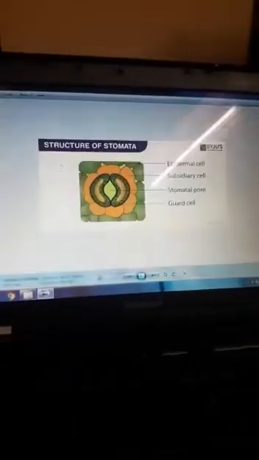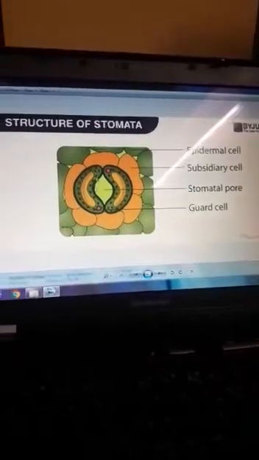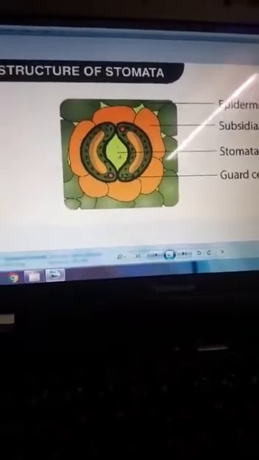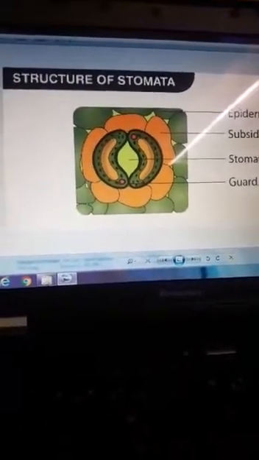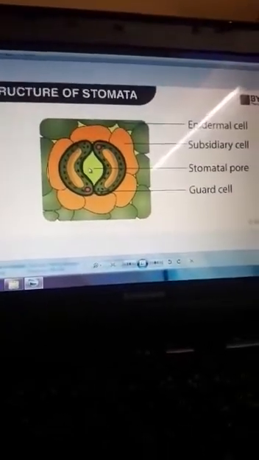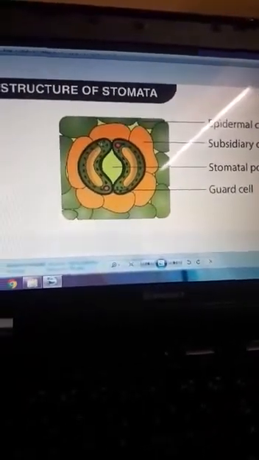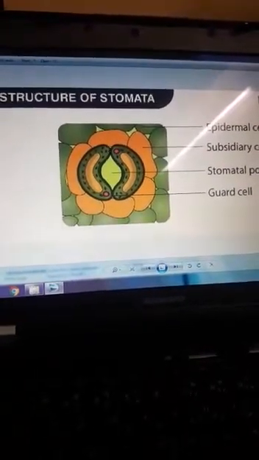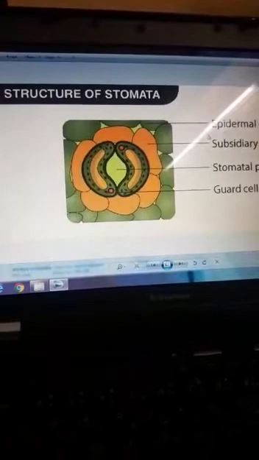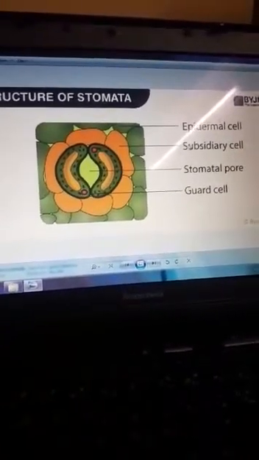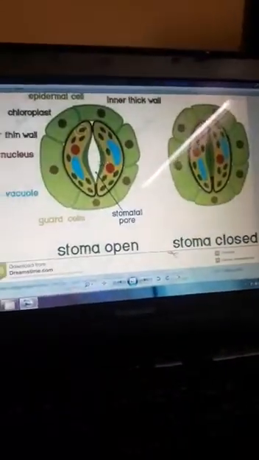See, this is a stomata. I told you, in the case of dicots the guard cells are kidney shaped and covered with subsidiary cells. You can see two guard cells, and this is an open stomata. Kidney-shaped guard cells are what you see in dicots. And this is the epidermis. This is the stomatal structure in the case of a dicot. Now I will show you an open stomata and a closed stomata.